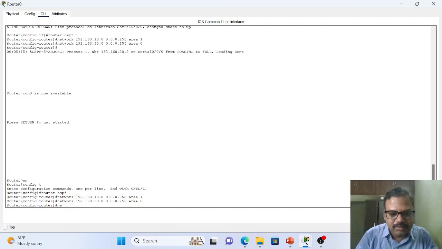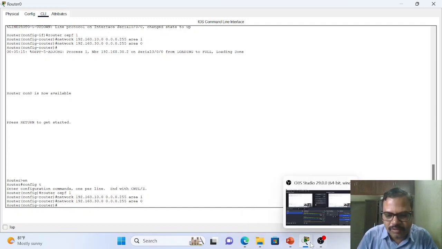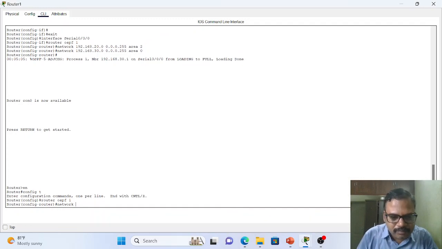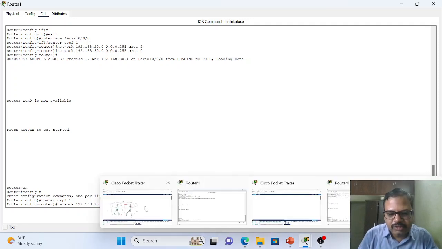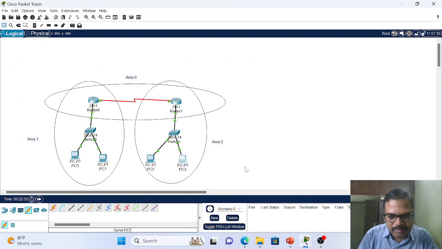Sorry, that was router 0. We have to go for router 1. So 192.168.20.0, and the wildcard mask address is 0.0.0.255. And what is the area? Area is 2. This belongs to area 2.